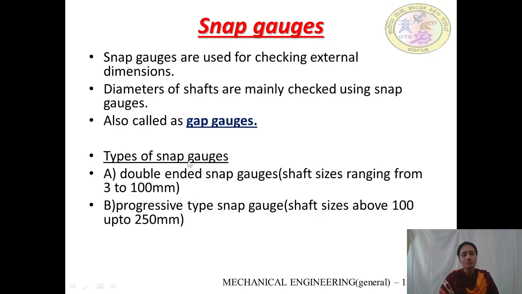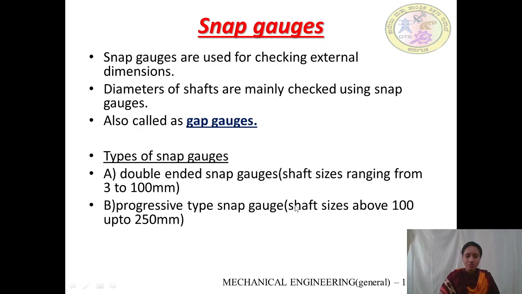Coming to types of snap gauges, first the double-ended snap gauge. This double-ended snap gauge is used to check shaft sizes ranging from 3 mm to 100 mm. Next, the progressive type snap gauge.